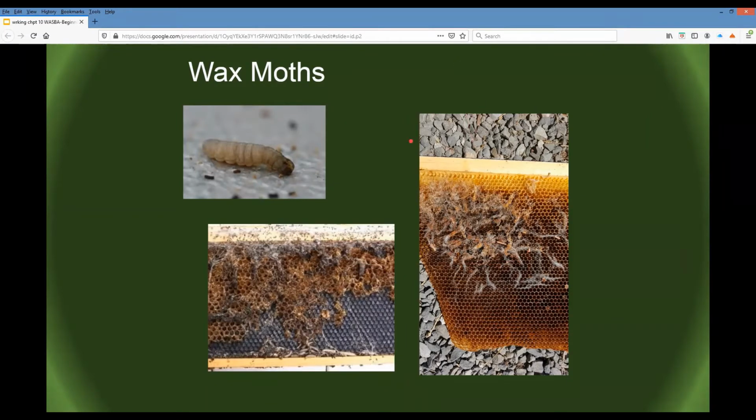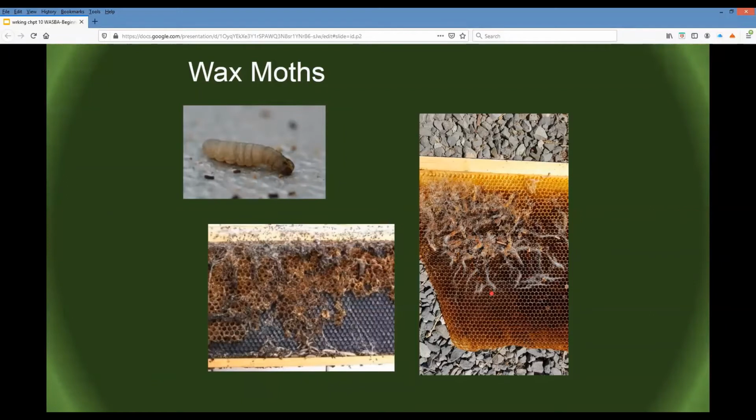So it's not the end of the world. This is the larvae here. The picture on the left, where the pointer is, shows their cocoons and the caterpillar stage at the bottom. And the one on the right shows the cocoon webs.